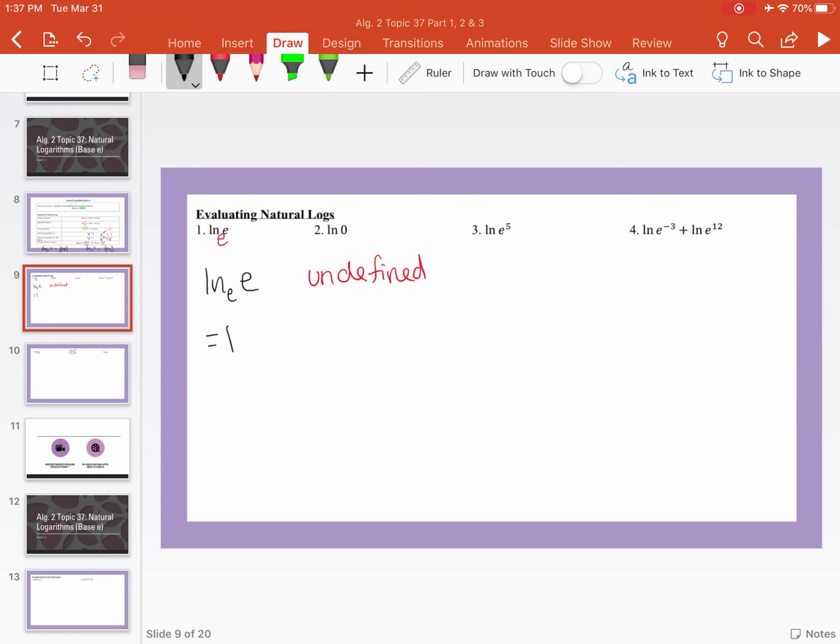So it's undefined. So we can only take the log of positive numbers.